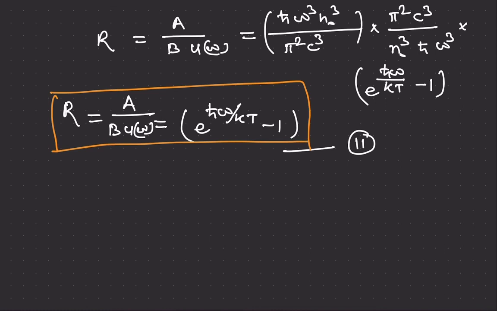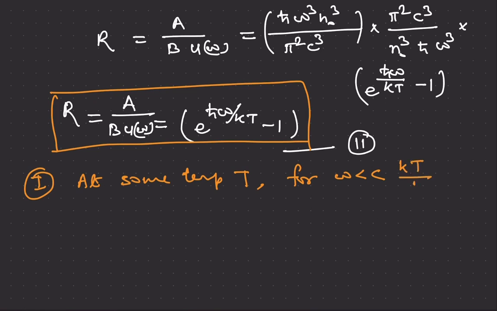Now there are two cases. Case number 1. At some temperature capital T, for omega very much less than kT by h cross, A by B U omega becomes very much less than 1.